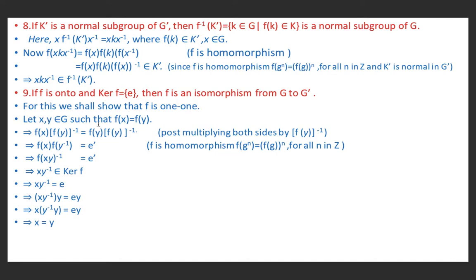Let x and y belong to G such that f(x) is equal to f(y). If you post multiply both sides by f(y)⁻¹, then f(x)f(y)⁻¹ is equal to f(y)f(y)⁻¹. f(y)⁻¹ can be written as f(y⁻¹) by the property of elements under homomorphism, f(gⁿ) is equal to f(g)ⁿ. And f(y)f(y)⁻¹ is nothing but the identity element of G dash.